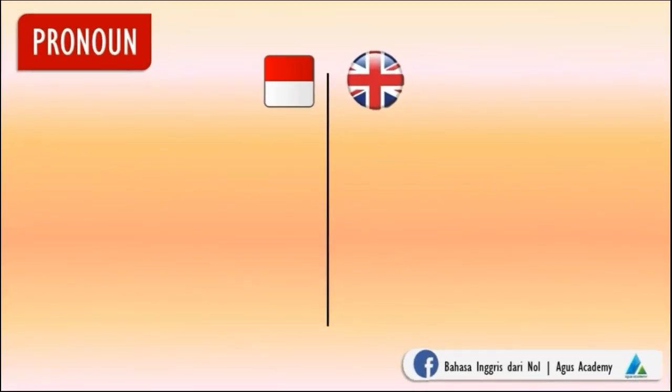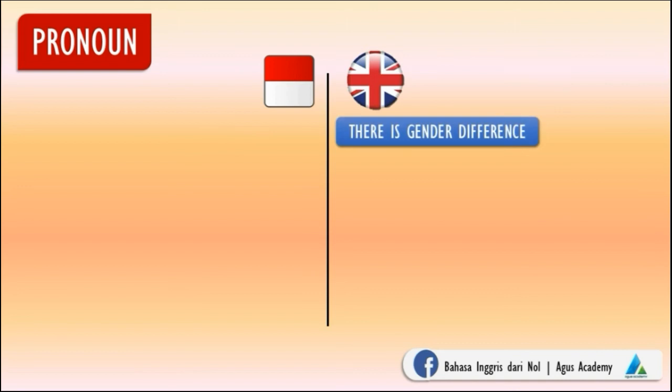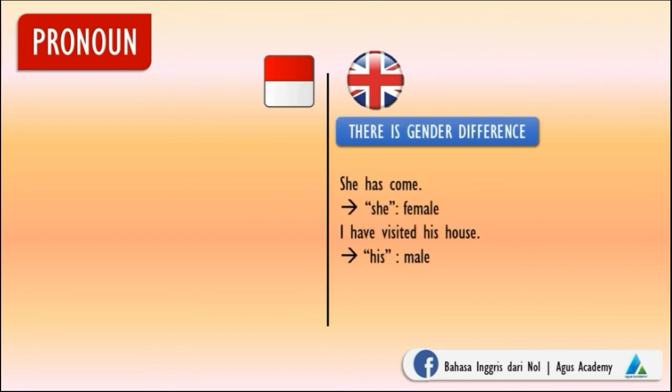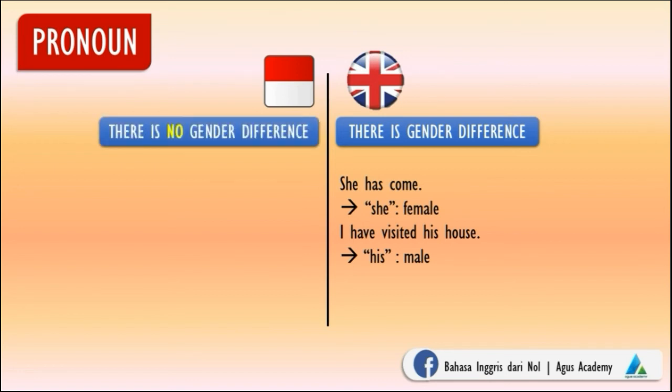Pronouns in English and Bahasa Indonesia are not much different, but the difference is quite fundamental. In English, there is gender difference for pronouns, but in Indonesian, there is no gender difference. Like for example, in the sentence she has come, she refers to a female person. In I have visited his house, his here refers to a male person.